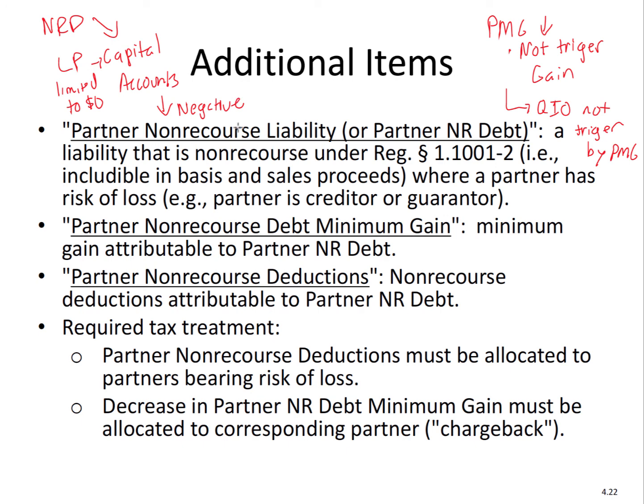The idea is that that negative will be offset in the future by the minimum gain chargeback provision with respect to that partner, and go to zero. However, when you look at the alternate test, the QIO is trying to keep that at zero. How does that work? The idea is that a QIO is not going to be triggered by the partnership minimum gain in that case. That's really important to understand.